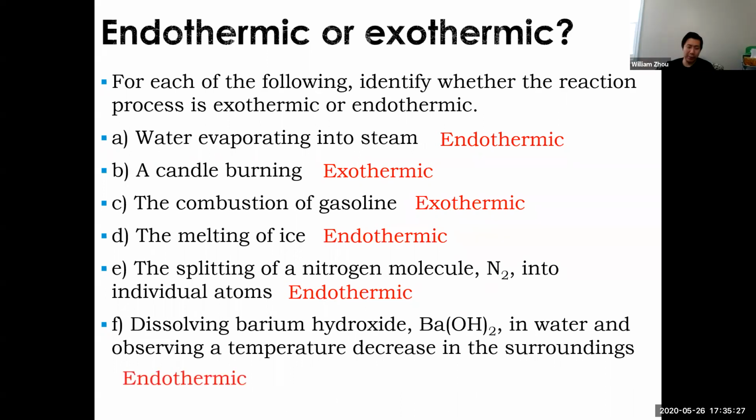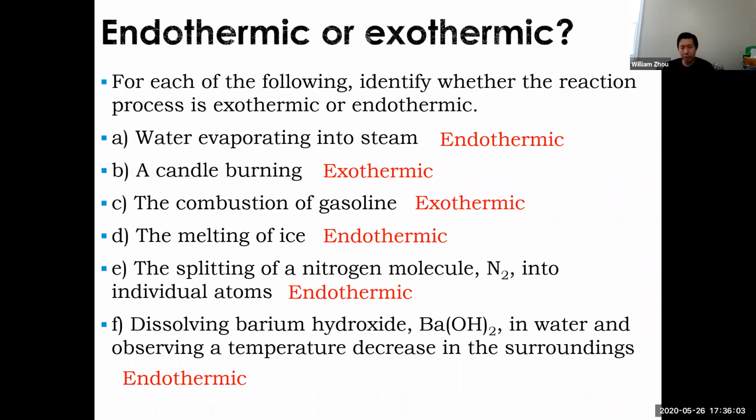Same reason as melting of ice. If you decrease the temperature of your surroundings, where did that energy go? It's used to do your reaction, right? If you want to dissolve barium hydroxide in water, you need energy from the environment to help you break the bonds of barium hydroxide so that water can then surround them. And the water will become colder. Okay, so endothermic reactions will cool your surroundings, whereas exothermic reactions will heat up your surroundings, like burning candles.